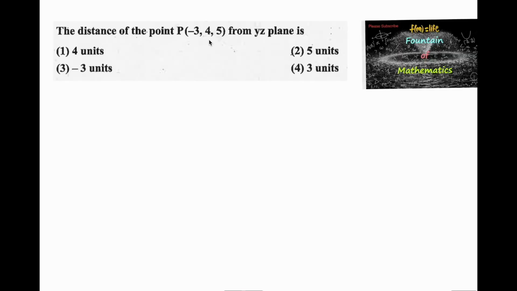So we need to find the distance of the point (-3, 4, 5) from the YZ plane.